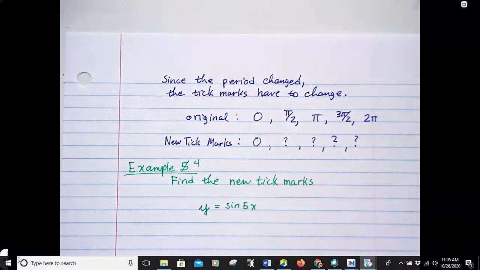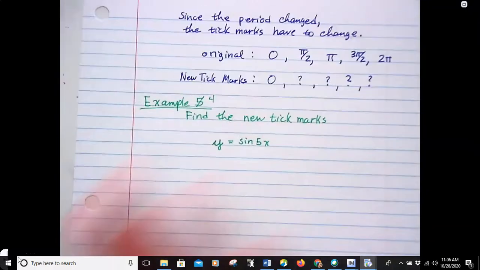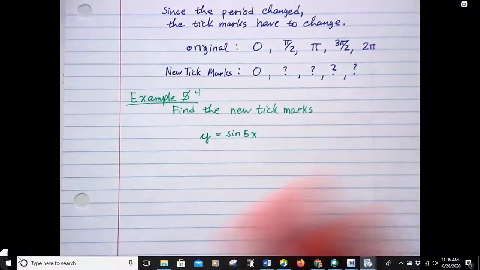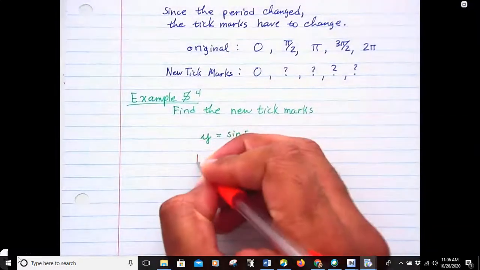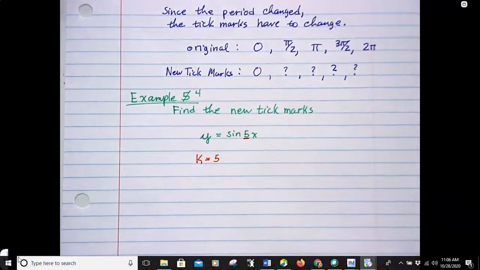All right, so here we're going to go ahead and find the period, and then we're going to find the new tick marks. And this way, it's going to be very simple, very easy compared to what I used to teach the students. So here it's going to be very quick and easy, or quicker, I should say. So first off, we know our K is 5. That boy right there, that's 5. That's your K, right in front of X or in front of theta.